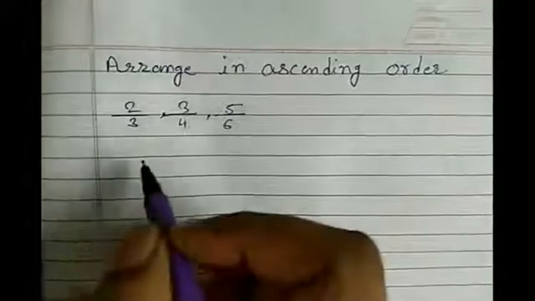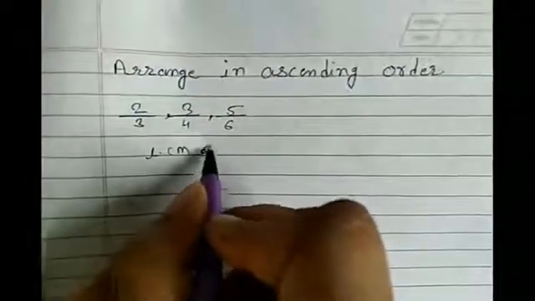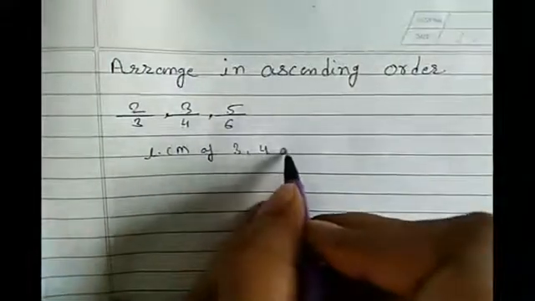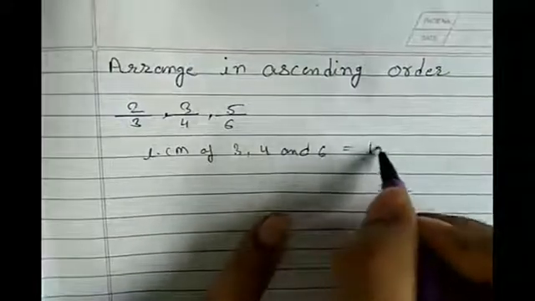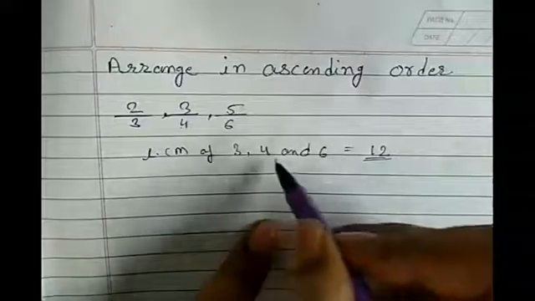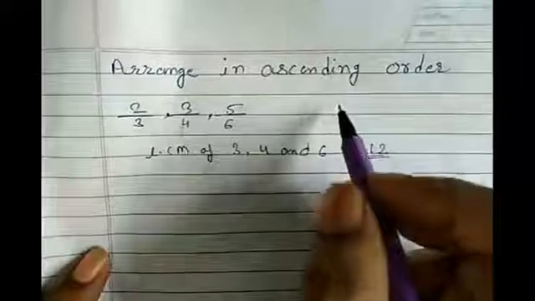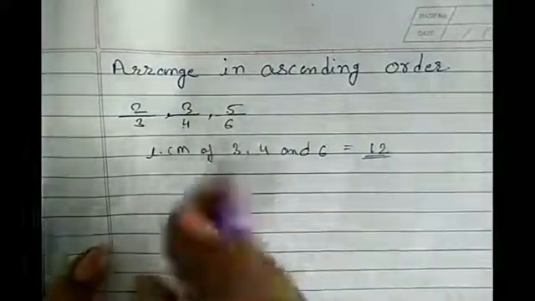So just find the LCM of 3, 4 and 6, which is equal to 12. You can find the LCM with the whole method, because we have to find the LCM of the given denominators.